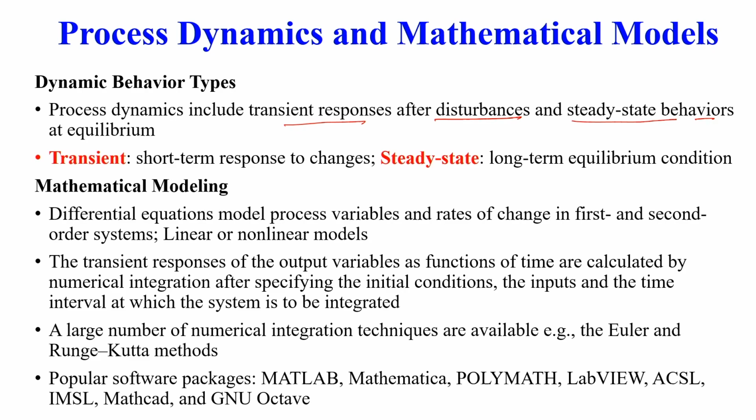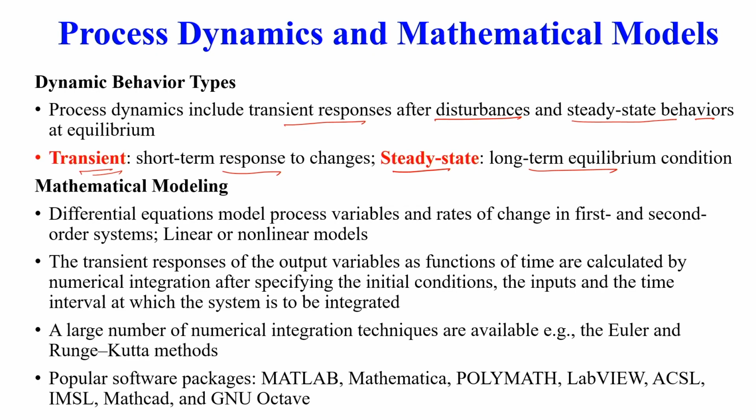Transient means a short-term response to changes, and steady state means a long-term equilibrium condition. To understand the time between these two, we need to see the process dynamics, the mathematical equations which will define the changes.